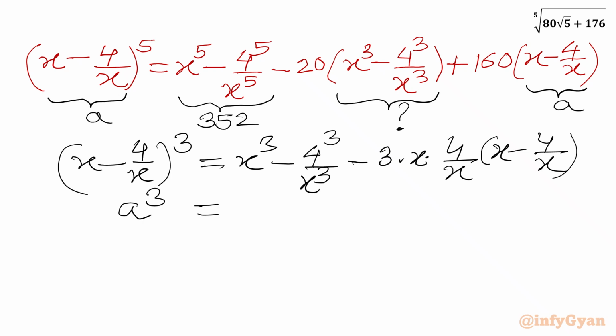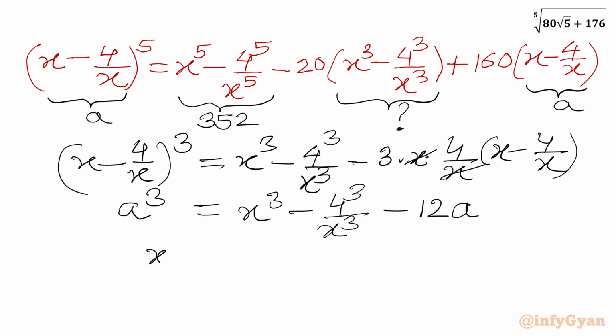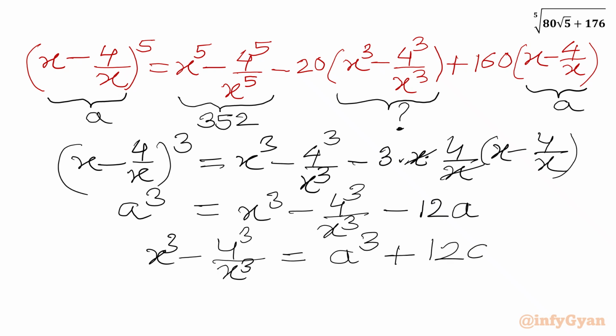So a cube equal to x cube minus 4 cube over x cube. Now this x and x will be over. We will write minus 12, 3 times 4, and x minus 4 over x is a. So we are getting the x cube minus 4 cube over x cube value. This will be equal to a cube plus 12a, which we will apply here.